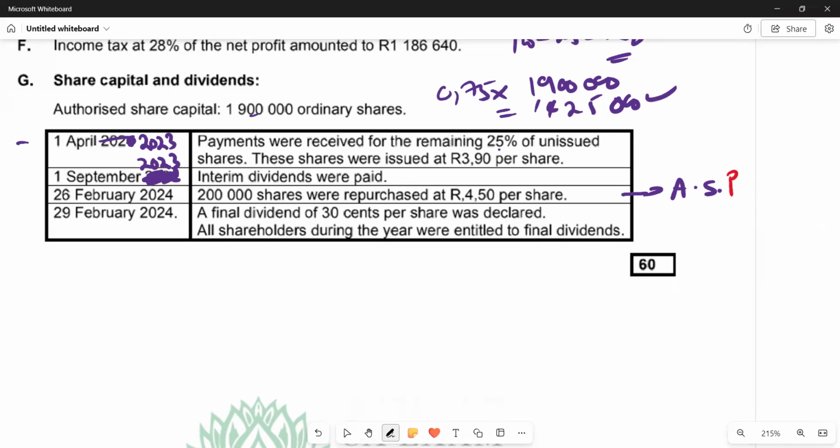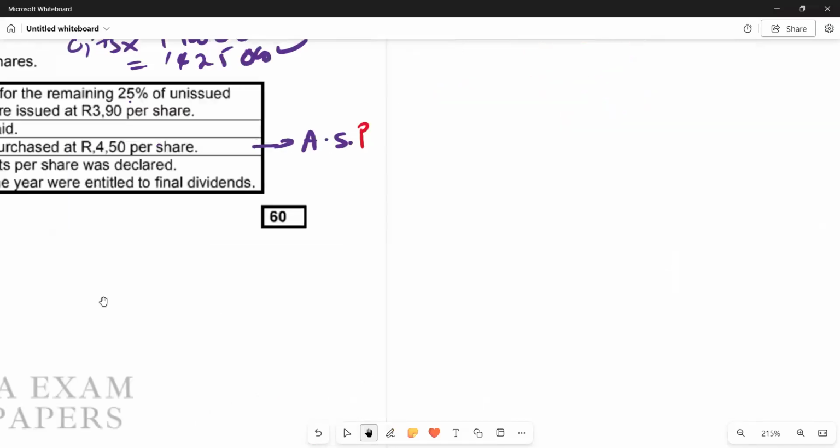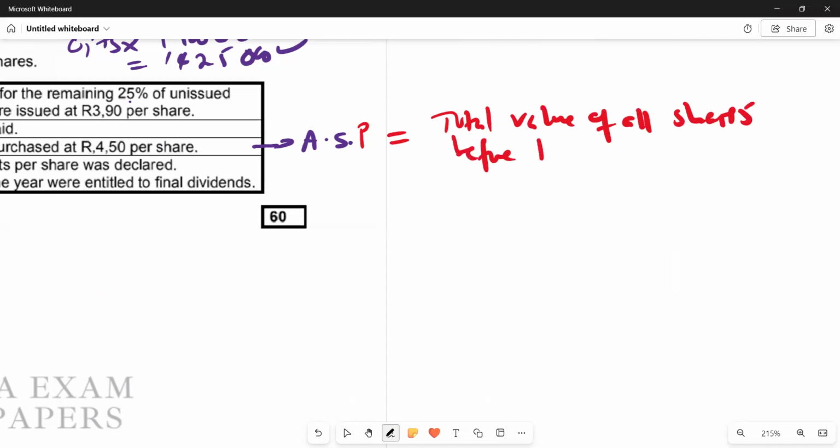of shares that we have before the repurchase over the total number of shares before the repurchase. So we are saying to calculate average share price, we are saying total value of all shares before the repurchase.